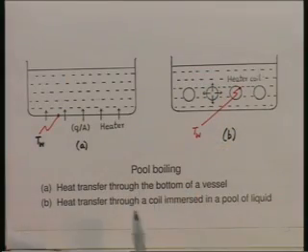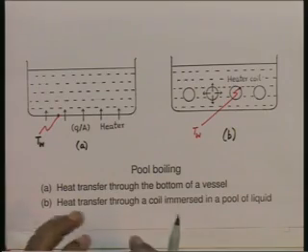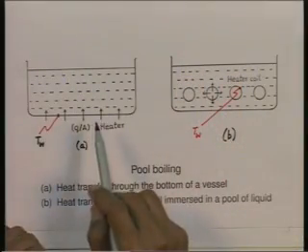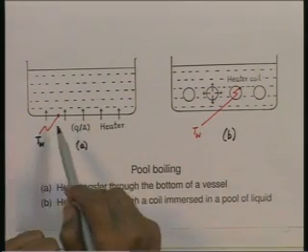Therefore, it is also referred to as pool boiling. So, pool boiling means the liquid is in the form of a pool in some vessel. There is no bulk motion of the fluid. Any motion of the liquid that occurs will occur only because of the heat that I give.